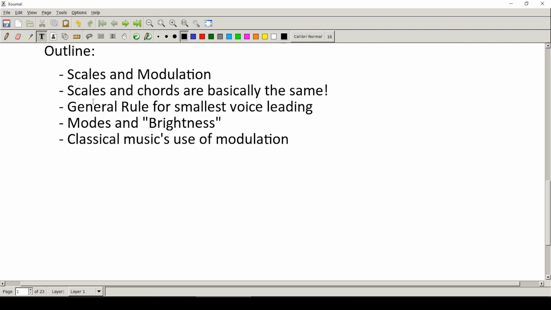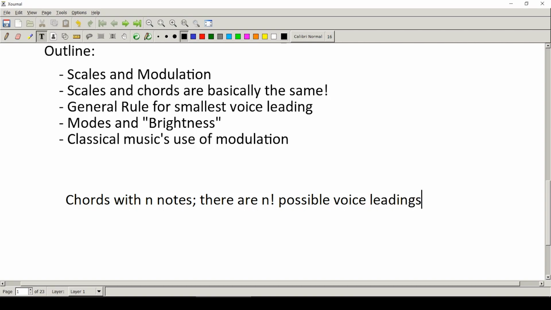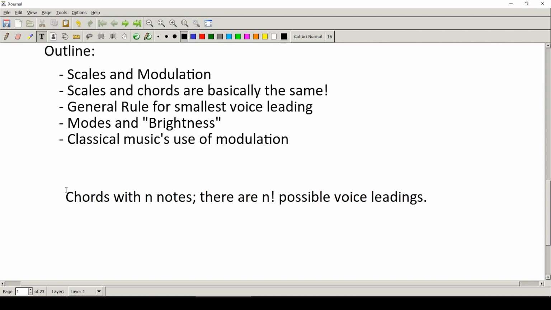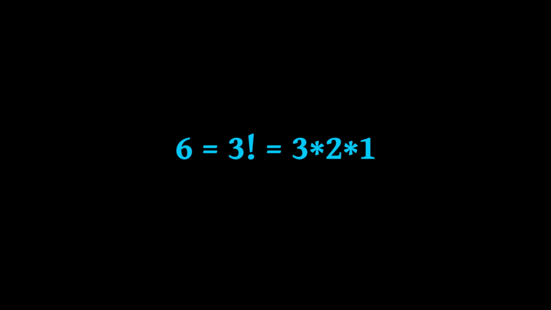Remember that in general, if you're trying to look for voice leadings between chords with n notes, so for example, if I'm dealing with triads that have 3 notes, there are n factorial, that's what the exclamation mark means, n factorial possible voice leadings between those chords that you could consider. So for instance, if we're dealing with 3-note chords, there are 6, which is 3 factorial, 3 times 2 times 1, 6 different possible voice leadings.